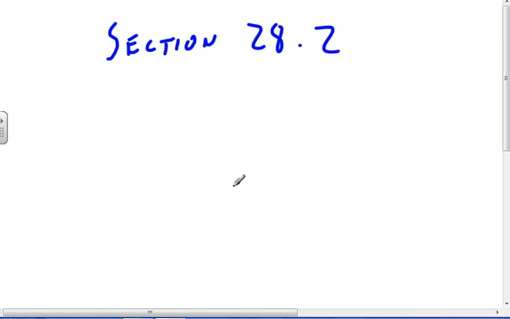Now we're in section 28.2, and we have the ratio test.